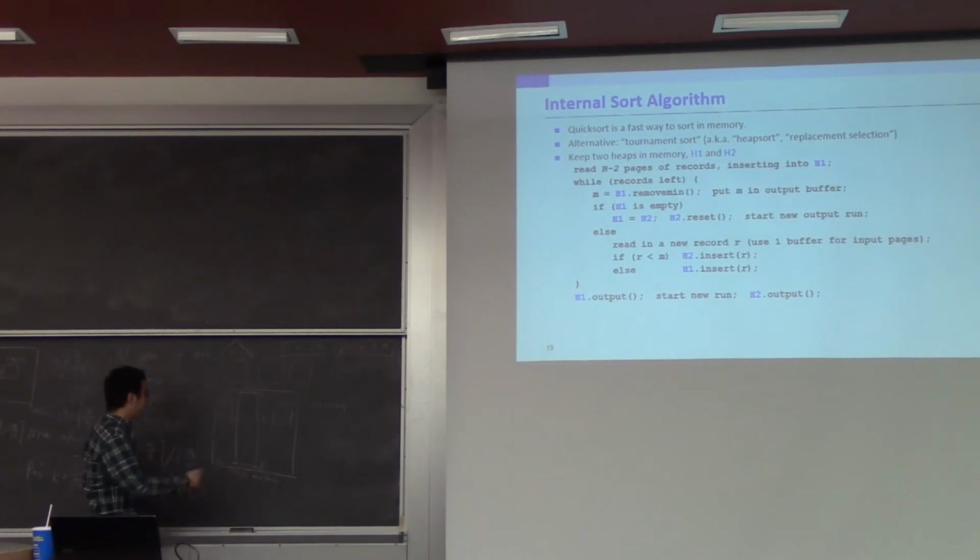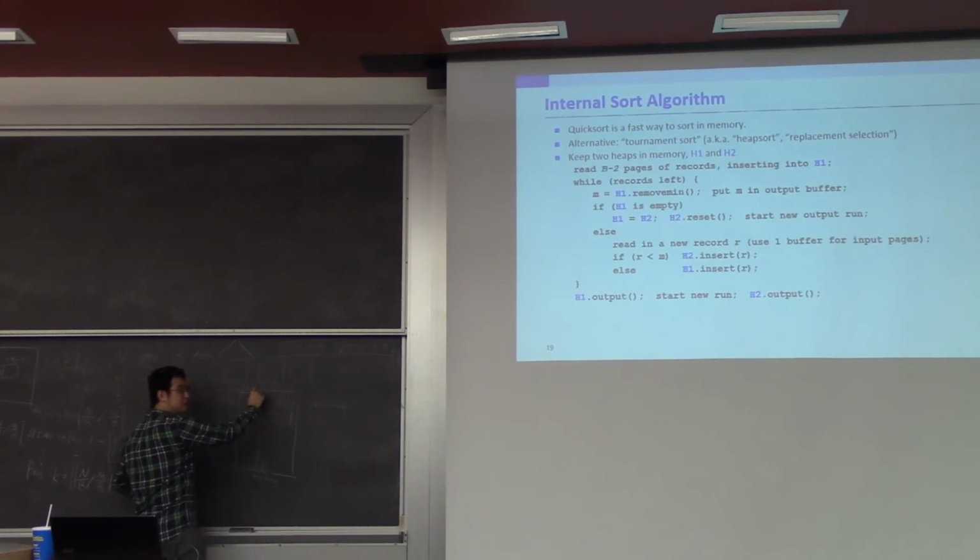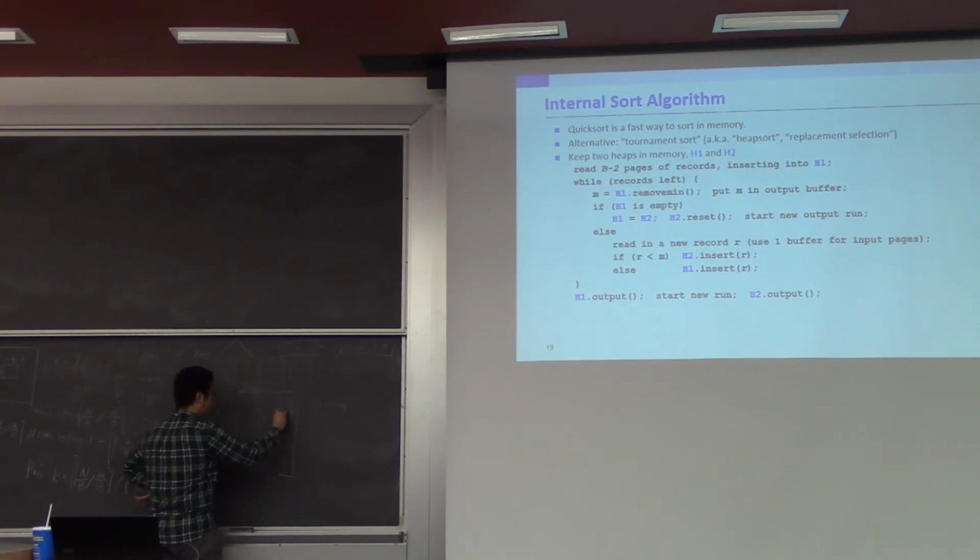Now since your memory is full, you can bring in another page, the next page here, and you look at the first tuple. Let's skip this for now. We will look at the first heap, H1. You know the root of H1 is the smallest item in there, so you can put this to the output buffer.